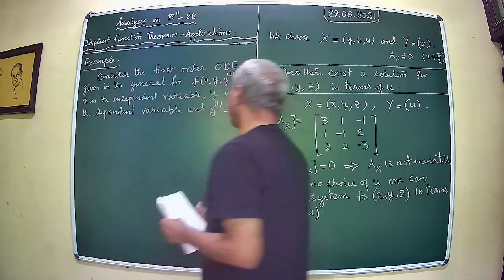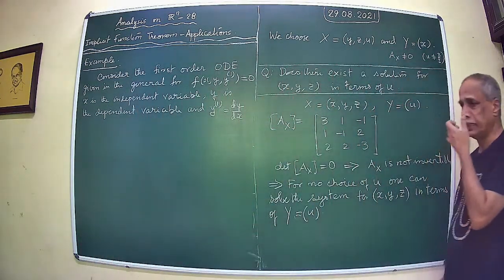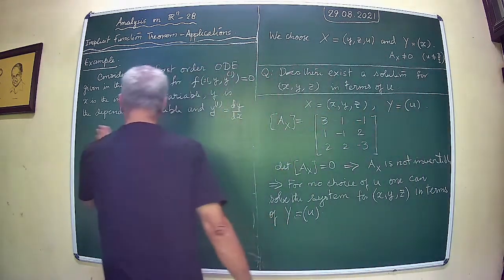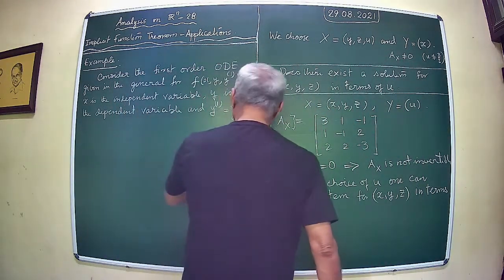So it's a relation connecting the independent variable, the dependent variable and its first derivative. This is the most general form.